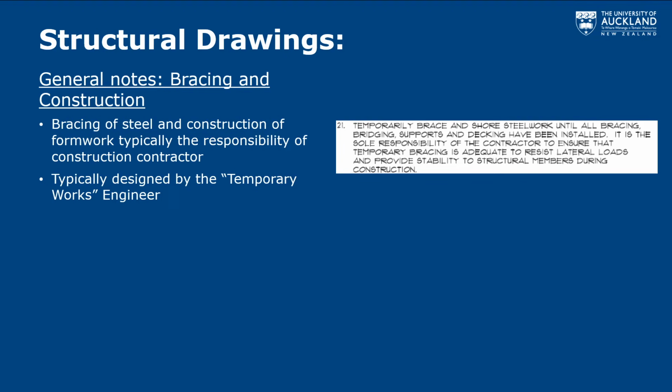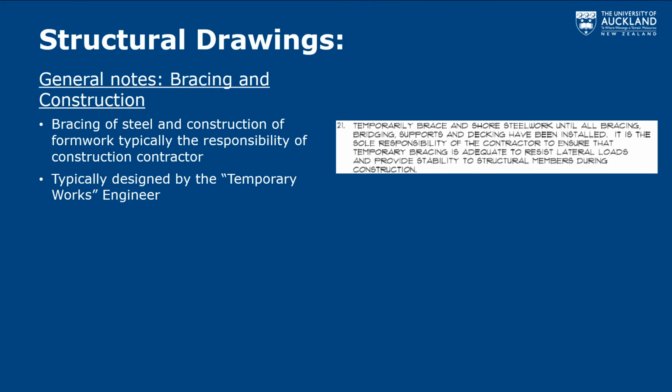Sort of the final thing that I want to touch on with the general notes is around bracing and construction. So this is something around the distribution of engineering labor. Typically, the engineer who has designed the building is not responsible for designing how to construct the building. So that will fall under the responsibility of the construction contractor, and they oftentimes will either have their own in-house engineering team, or they will engage a specific temporary works engineer.